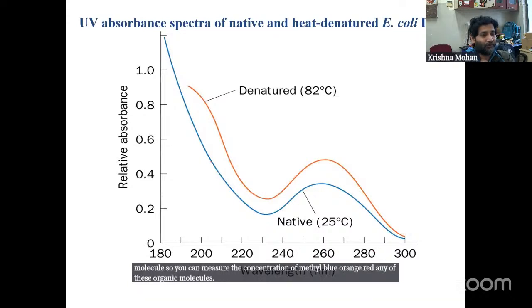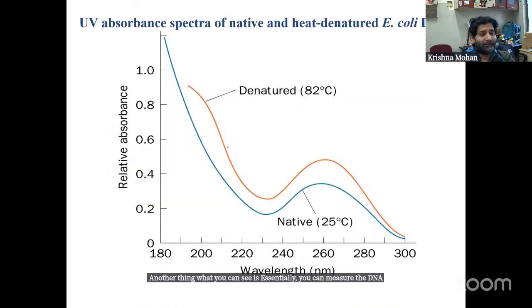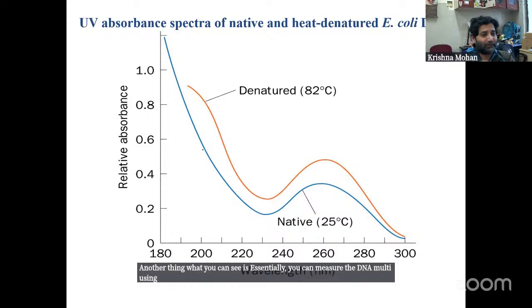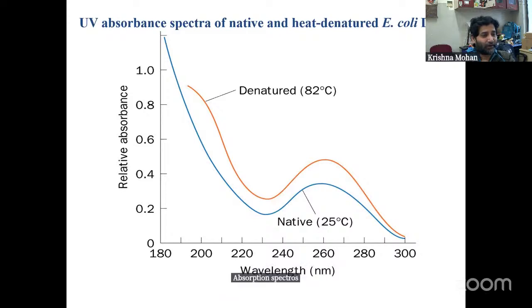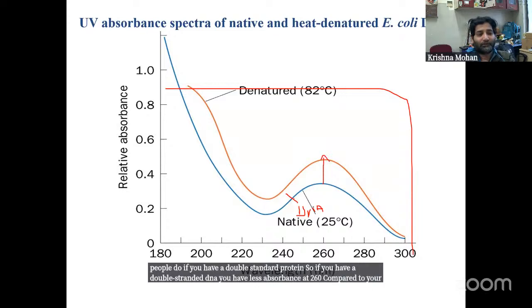The other thing you can do is measure DNA melting using absorption spectroscopy. This is a very powerful and common experiment. If you have a double-stranded DNA, you have less absorbance at 260 nanometers compared to single-stranded DNA.